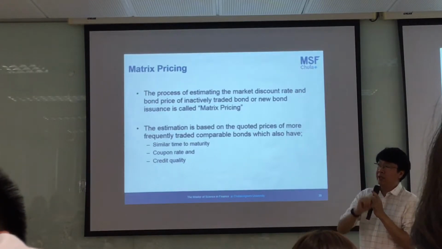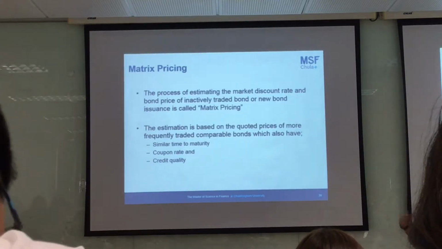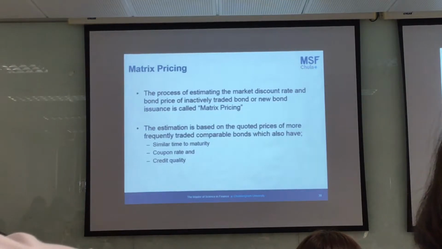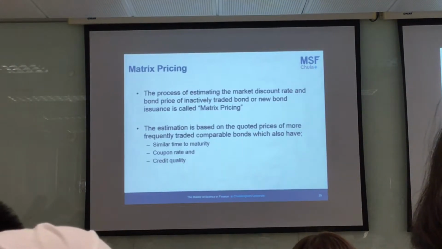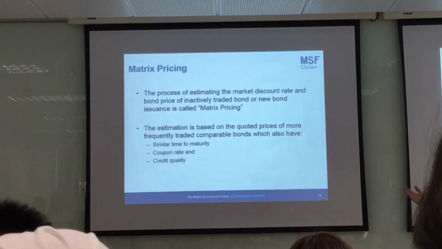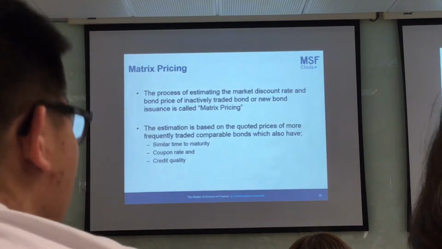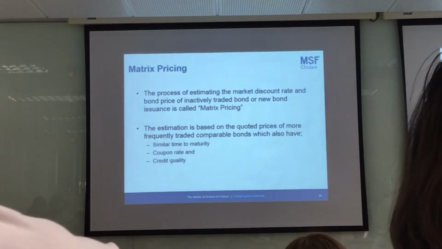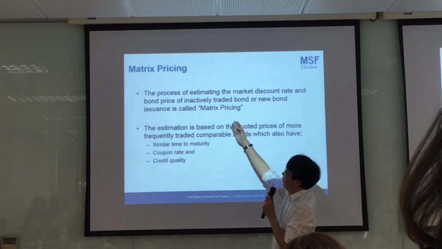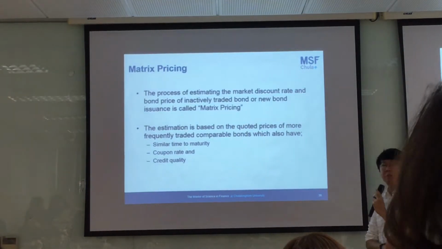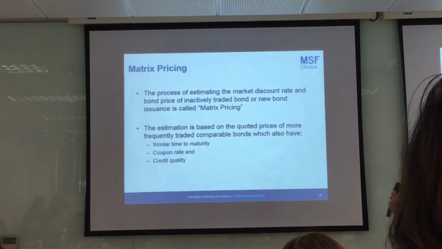Like in Thailand right now, fixed income fund managers and financial institutions, when they buy the bond, just buy and hold it in the portfolio until maturity. So sometimes it's hard to know the market movement of the bond price for certain issues. How can we come up with an indicative price of this bond? We can use the approach called matrix pricing.